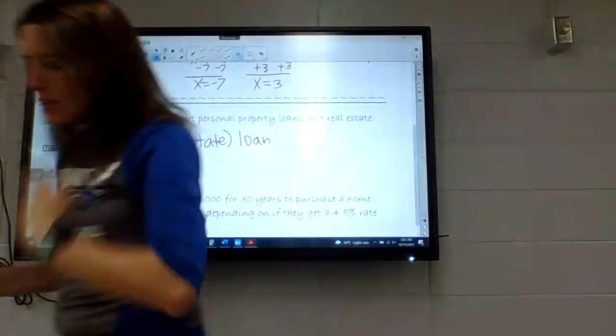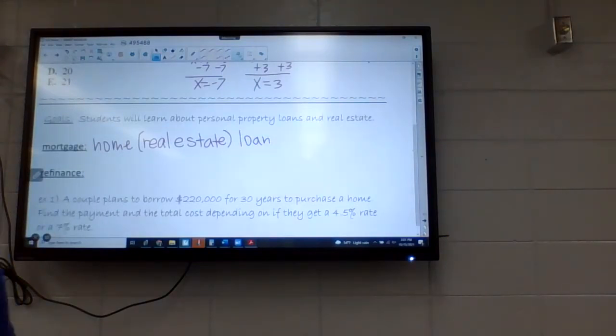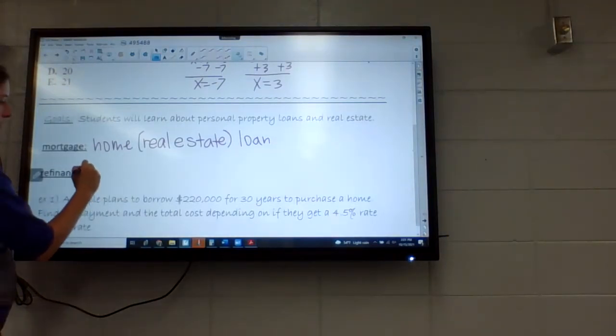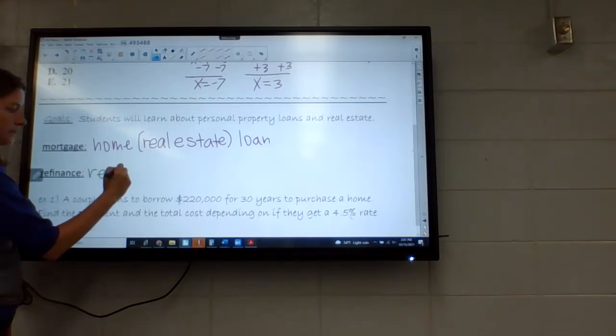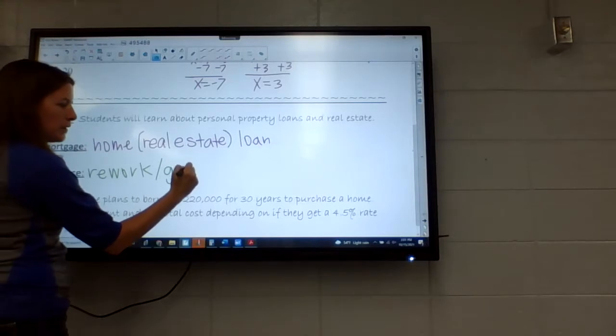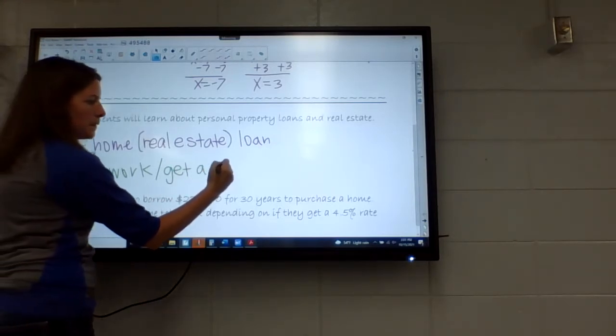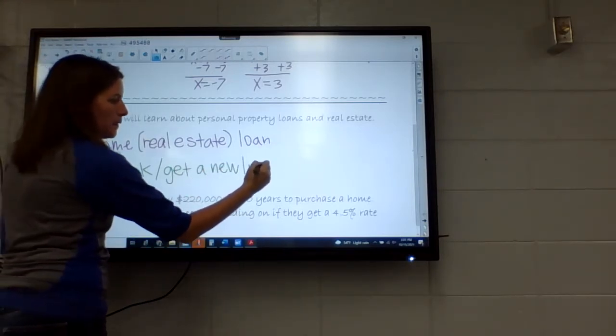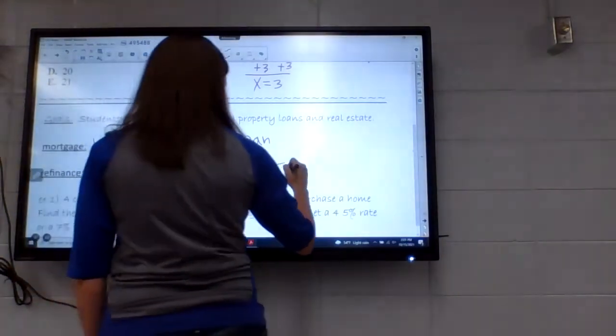So it means basically reworking your loan. So I'm going to say rework or get a new loan to lower rates.